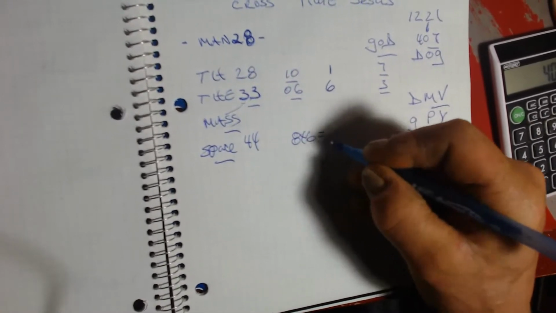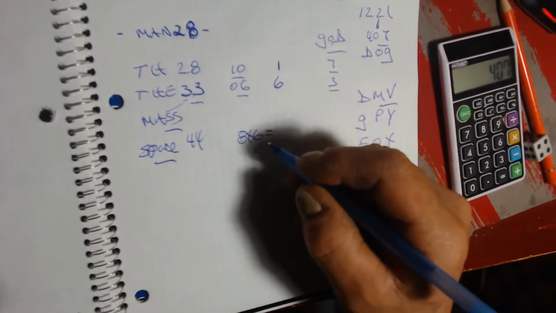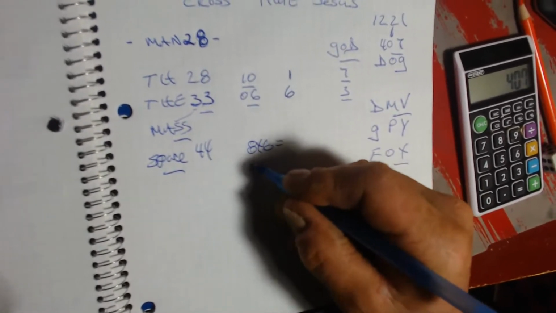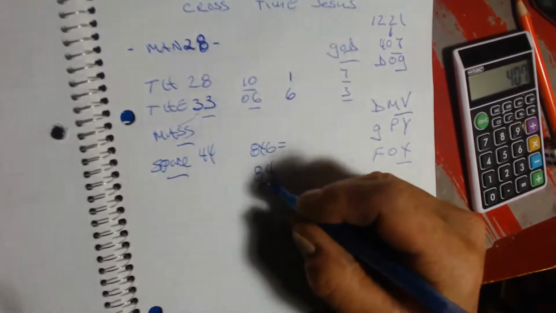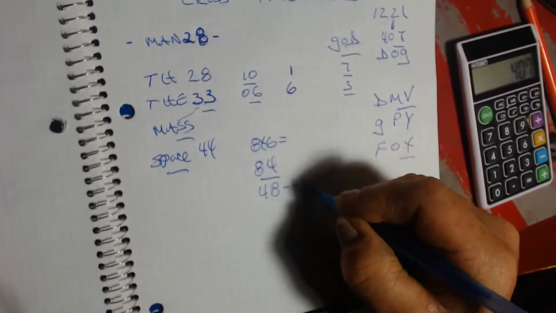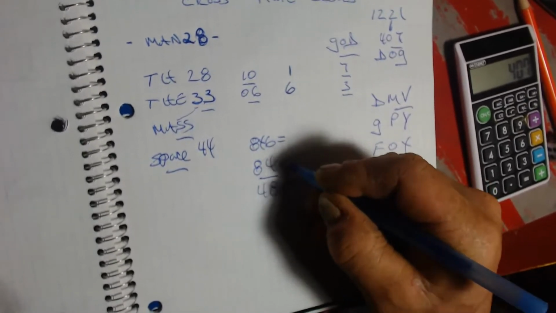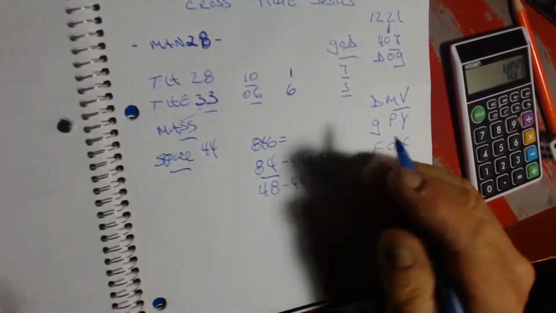If I get this right, I'm just looking for the equation of 44. Yes, here it is. The equation is right here. 84 or 48 will reduce into 44, and that's a difference of 4, and that's a difference of 40. So what is this?